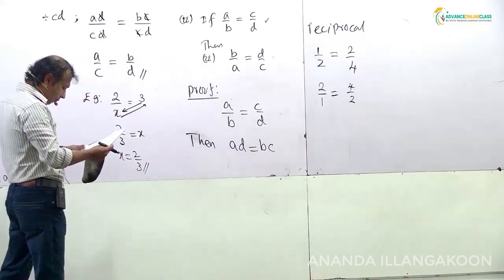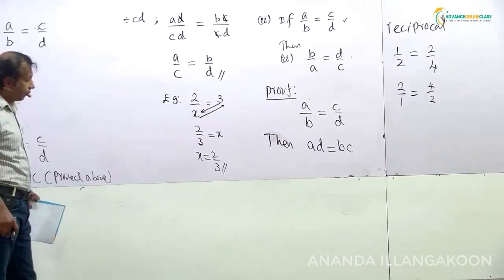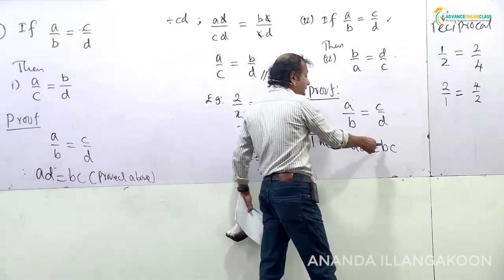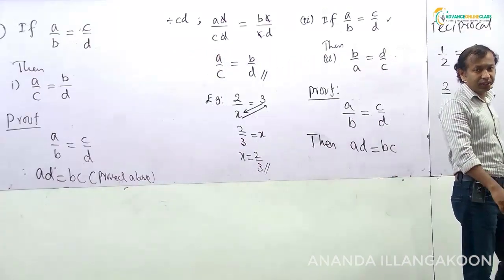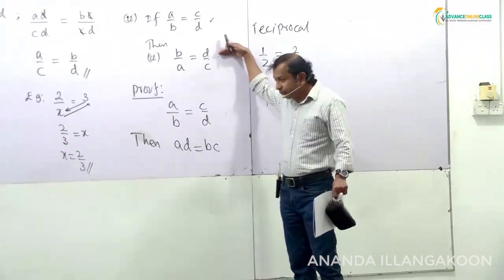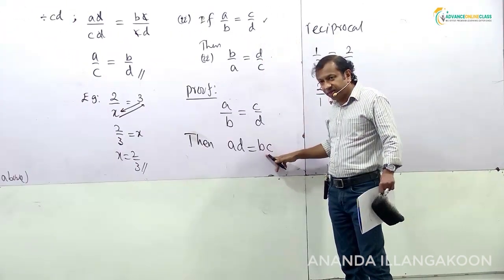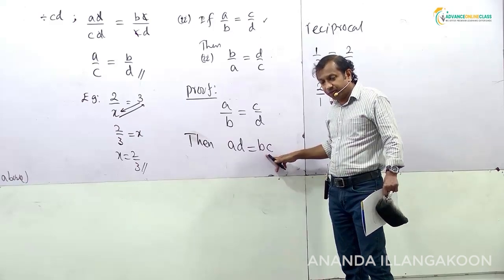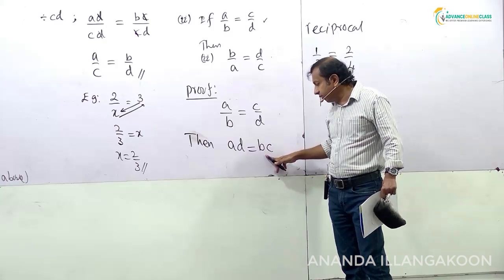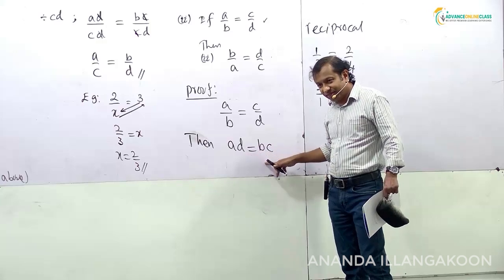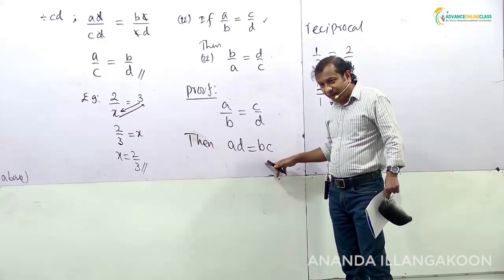Now, to get this result, we divide left and right by something. Can you guess by what value we must divide both sides?